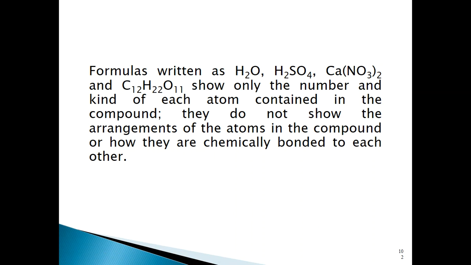They tell you nothing about how the atoms are connected to each other in detail. They only tell you about the composition. In order for us to know how the atoms are arranged, we have to look at other structures, other representations, which we're going to get into much later in this course. But for now, you need to recognize that these formulas only tell you what the compositions are.